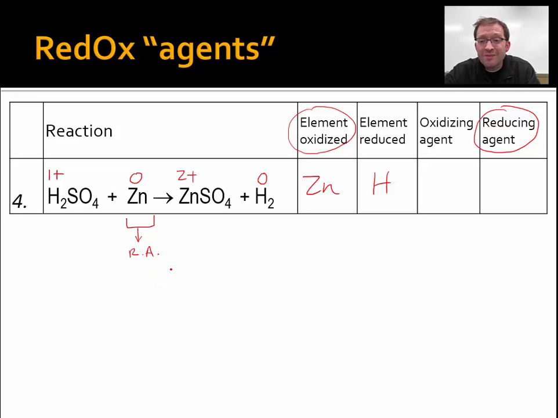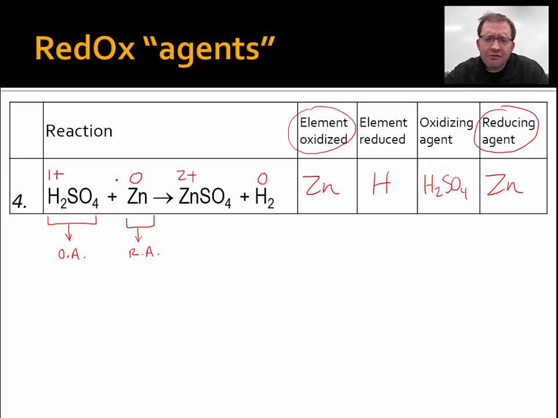Well, it's part of itself. It's nothing bigger. Zinc is also the reducing agent. And on the flip side, hydrogen, the element being reduced from +1 down to 0, is part of the oxidizing agent. Hydrogen is part of sulfuric acid. And so we could say that sulfuric acid is acting as the oxidizing agent. Okay? And fit that in my box here.